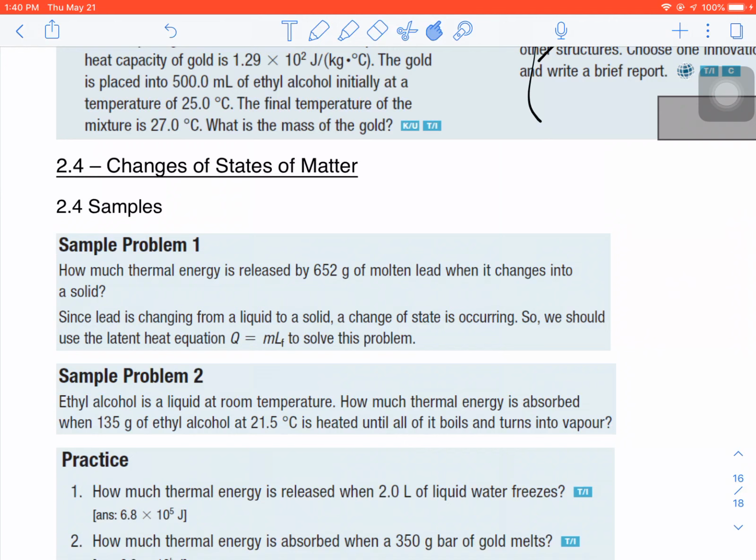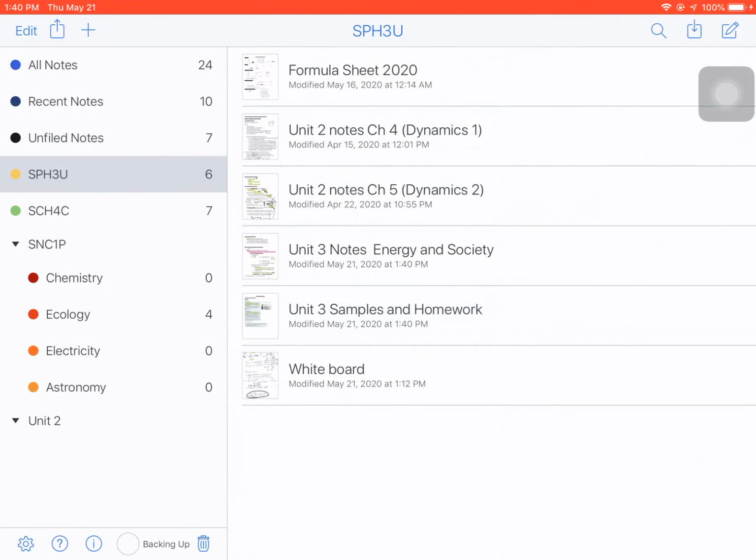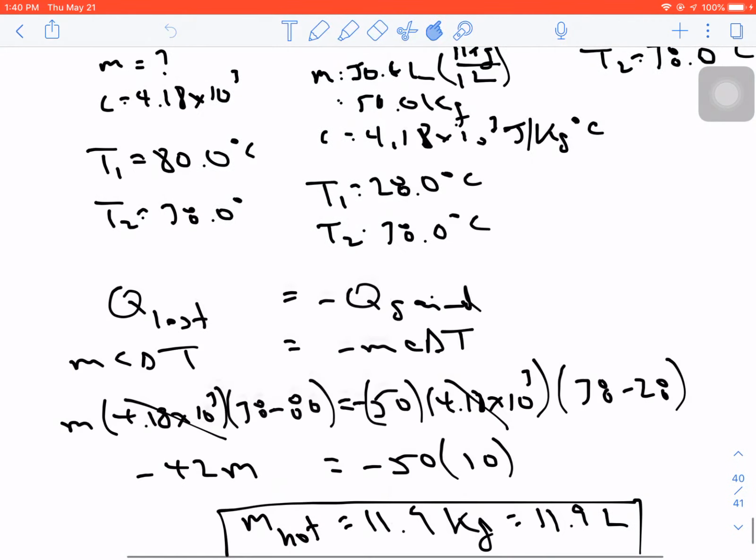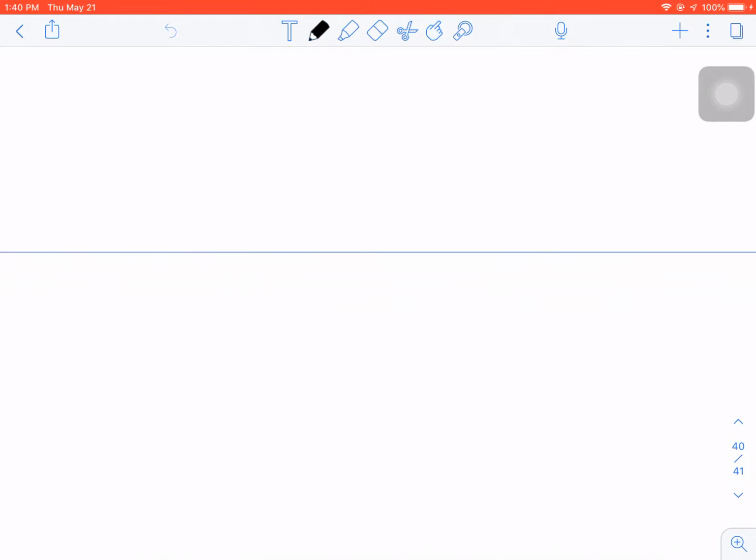So if I was to look at the solution here for sample 1, I have liquid lead that's going to freeze. That's it.